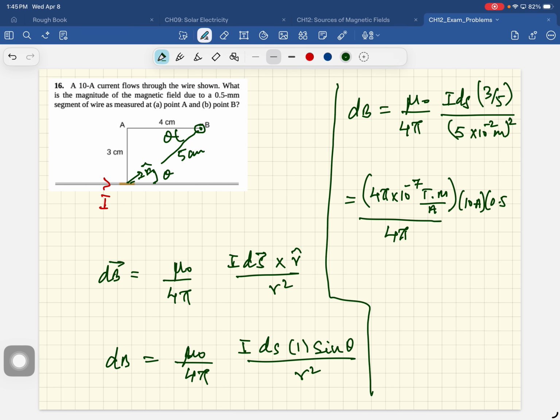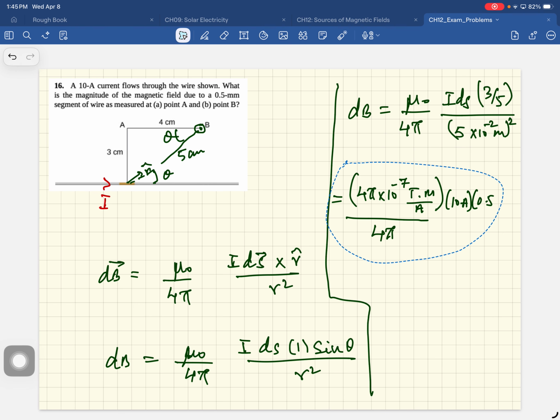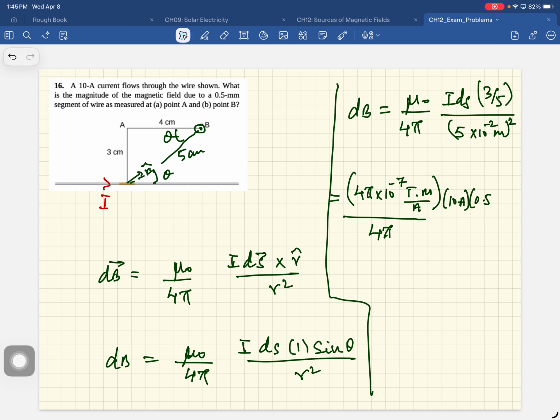Okay, so this element ds, there's r hat.